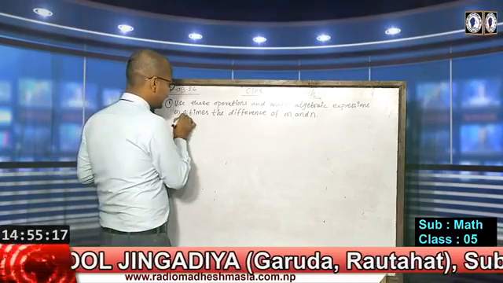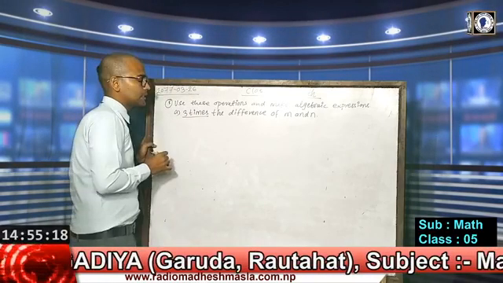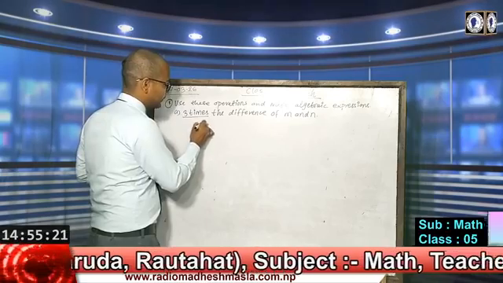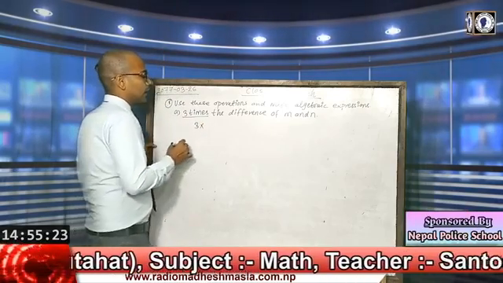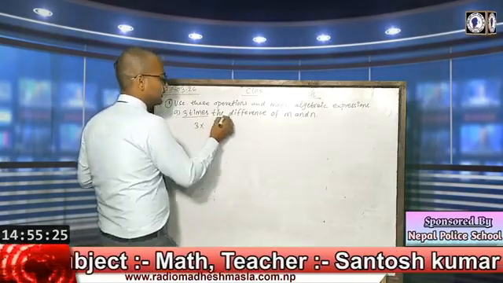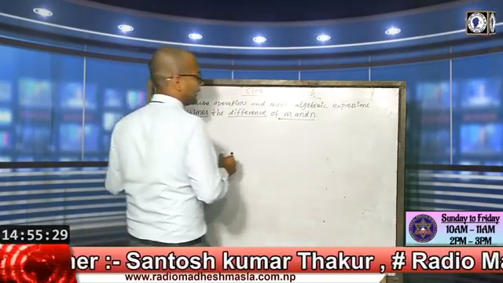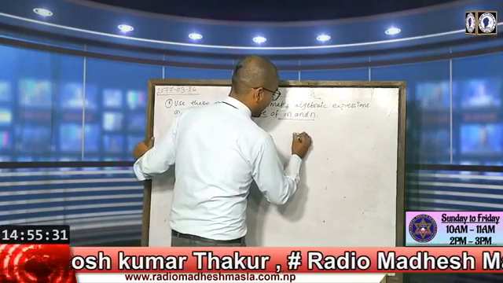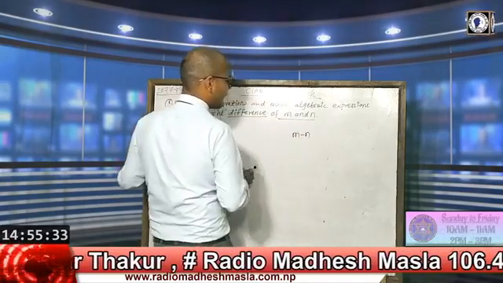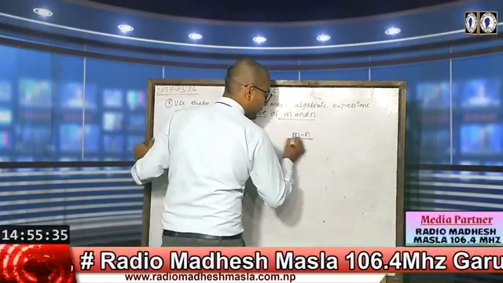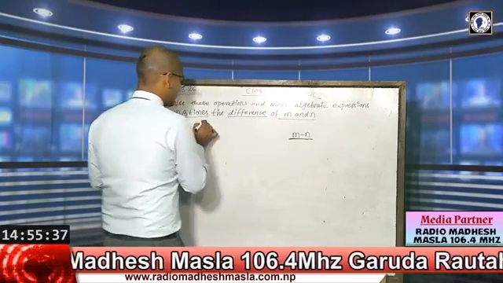So students, as we know, times means multiply, so 3 should be multiplied by the difference of m and n. What is the difference of m and n? The difference of m and n is multiplied by 3.